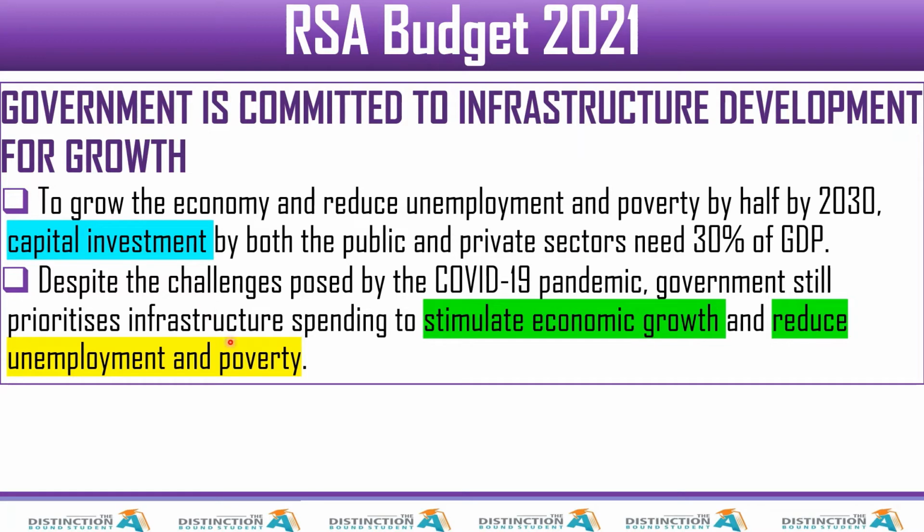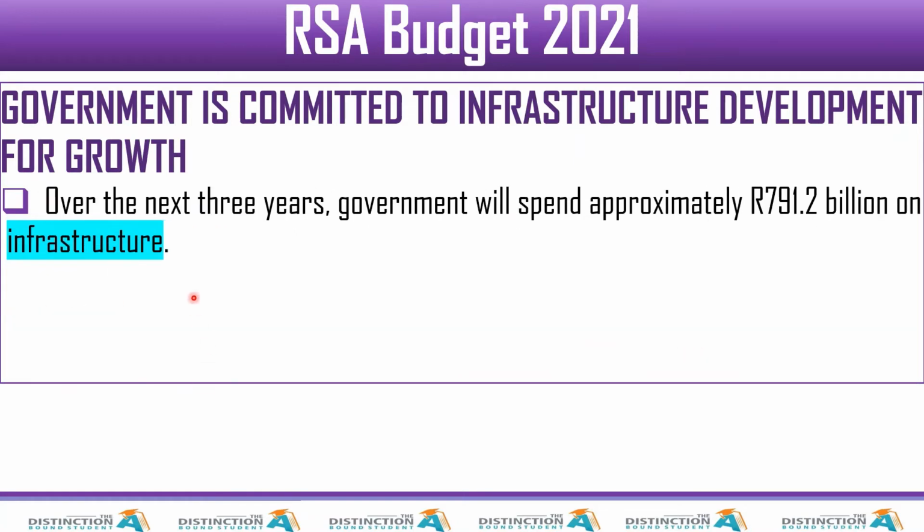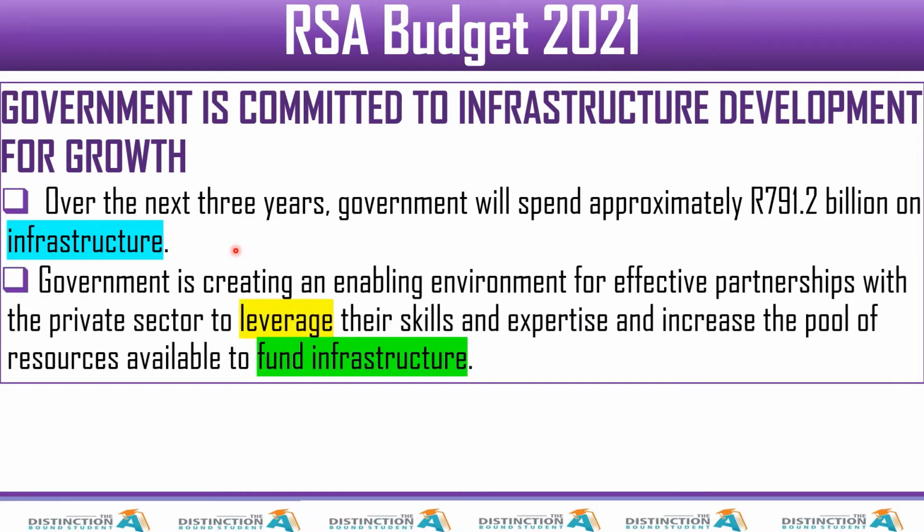And yes, despite the challenges posed by the COVID-19 pandemic, government still prioritizes infrastructure spending to stimulate economic growth and reduce unemployment and poverty. Over the next 3 years, government will spend approximately 791 billion on infrastructure. That's capital formation.